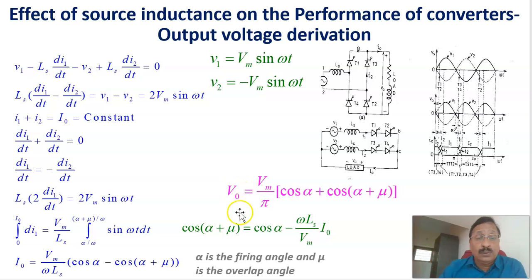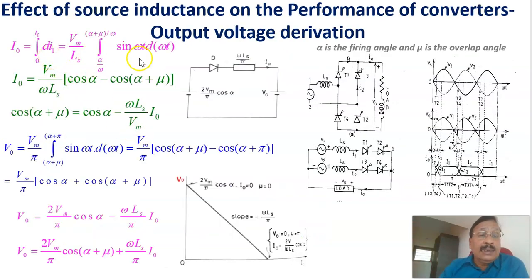Now we substitute this cos alpha plus mu in the equation for the output voltage, where alpha is the firing angle and mu is the overlap angle. As we have seen in the previous slide, cos alpha plus mu is equal to cos alpha minus omega Ls divided by Vm into Id. Also, we have derived that the average output voltage is Vm by pi into cos alpha plus cos alpha plus mu.